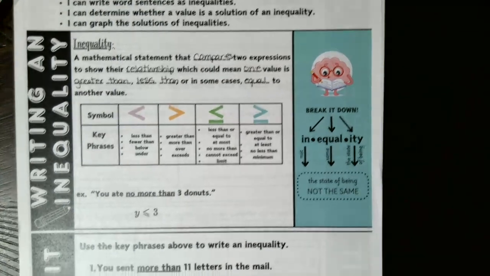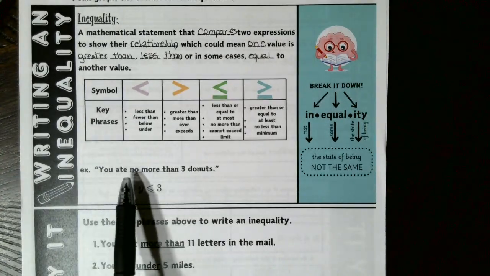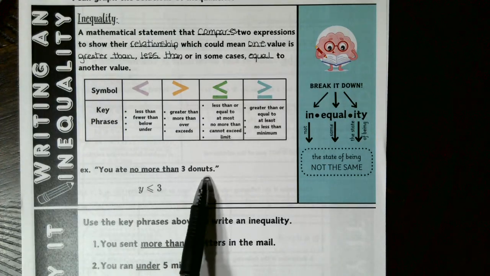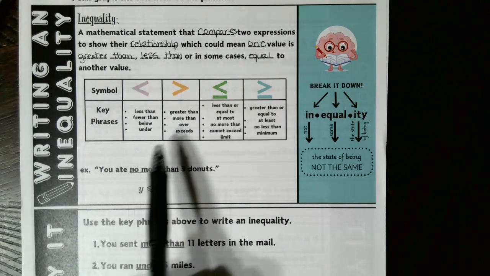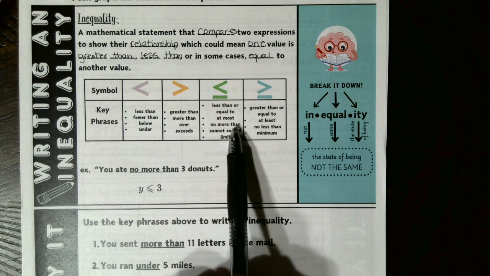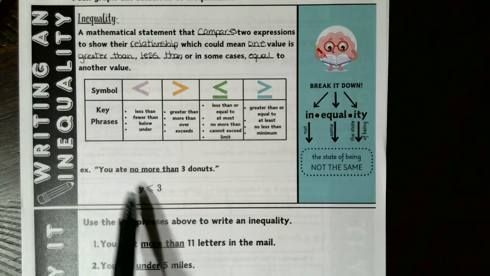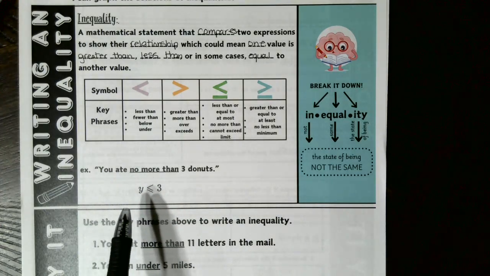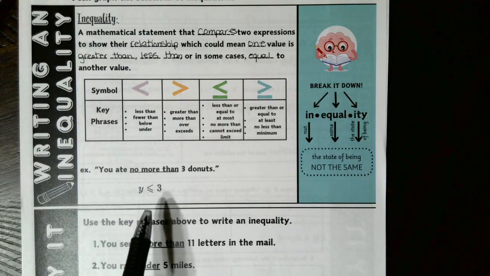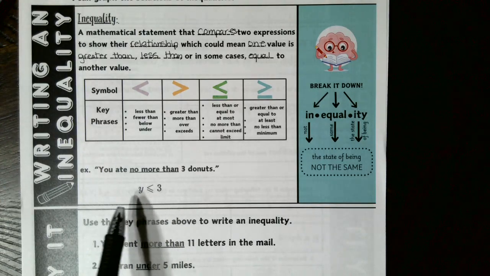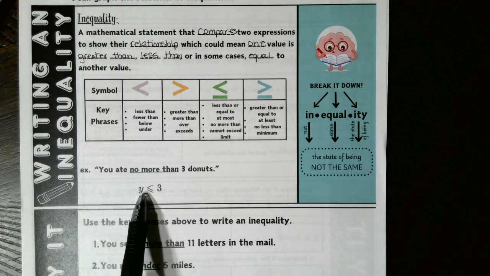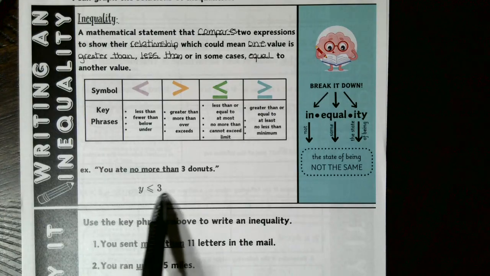So my example here is you ate no more than 3 donuts. Well, if I go back up here, I know the no more than is also our less than or equal to sign. So I got to choose my variable because I'm the one writing the inequality, and I chose y for you. So I put y is less than or equal to 3.